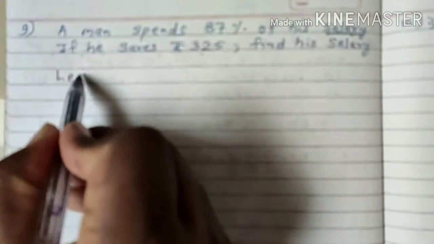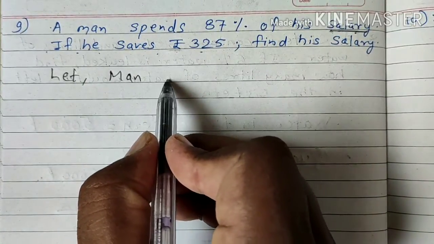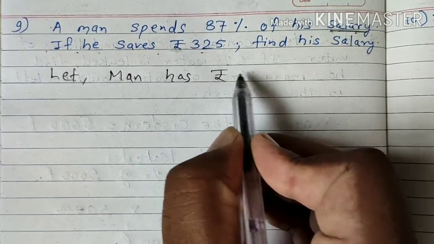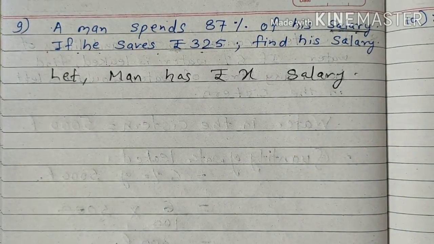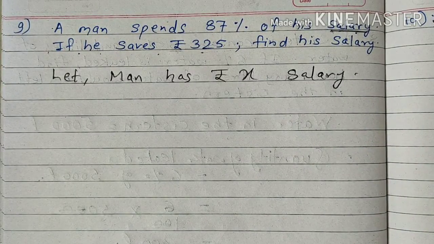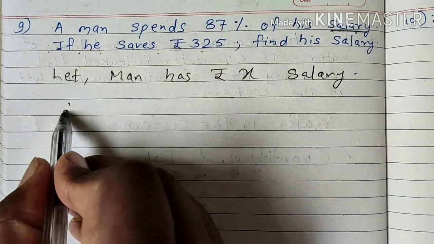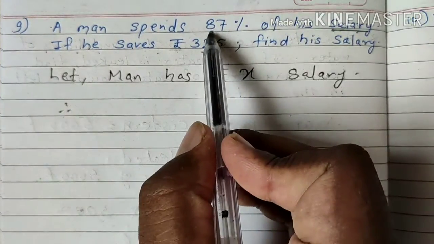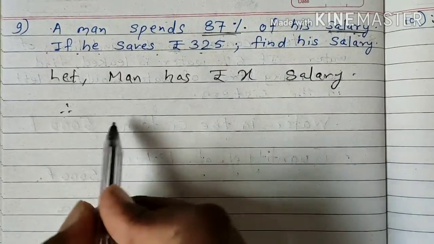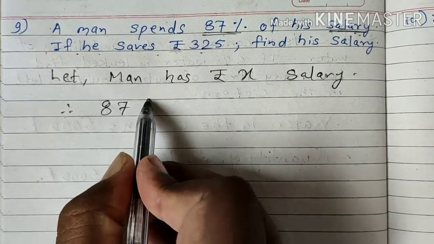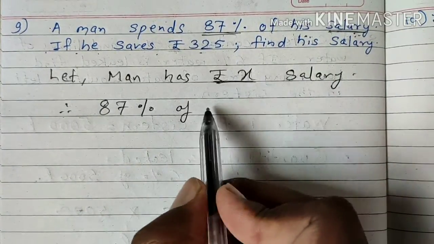So let us consider that the man has rupees X salary. Or the salary of the man will be rupees X. So therefore we can say that 87% of his salary, can we write like this? 87% of his salary. What is his salary?